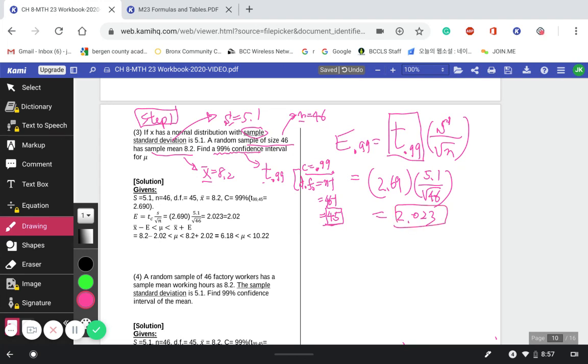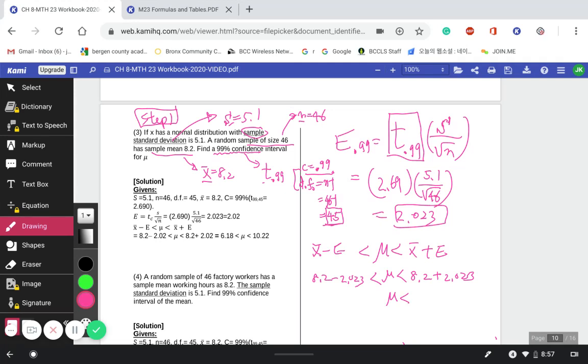So we're going to use this to create the range of the mean value by having X bar plus E and X bar minus E. So mu becomes, in this case, 8.2 plus 2.023 with 8.2 minus 2.023.